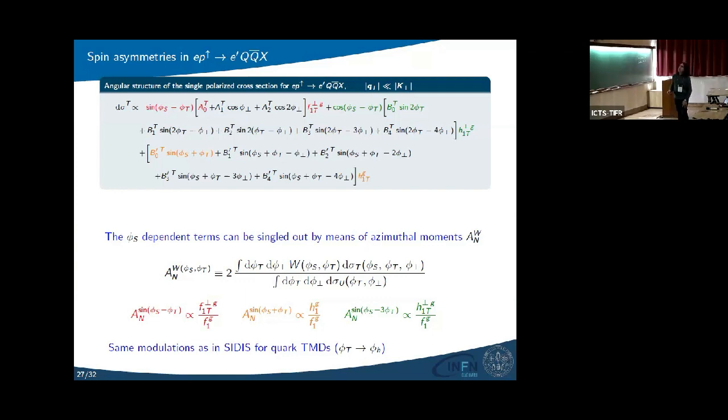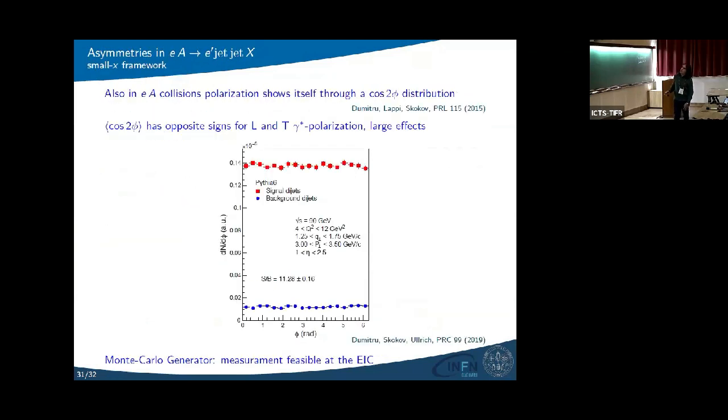Okay, this slide is the same. And I just conclude with the final slide saying that this kind of study, double jet production, has been proposed also by small x people, for example, also in electron nucleus collisions, and they always find more or less our conclusions that you can look at this process, you can have sizable cos 2 phi asymmetries which can give access to the linearly polarized gluons.